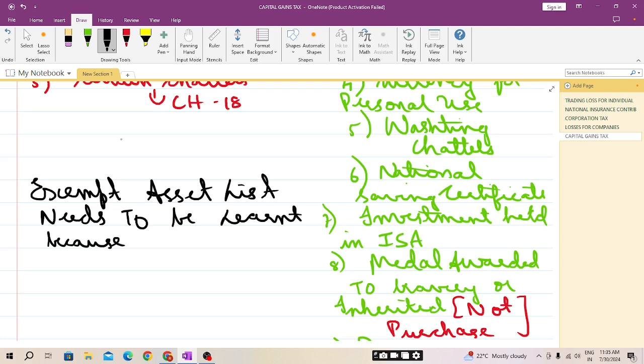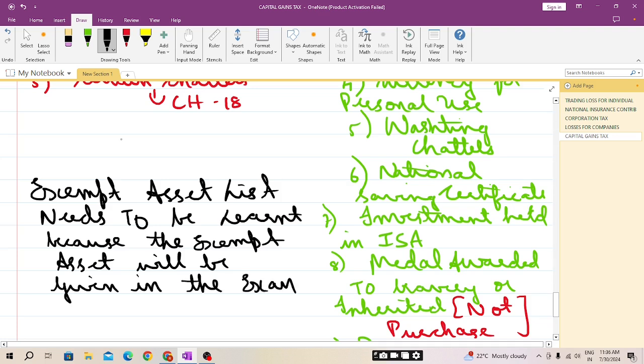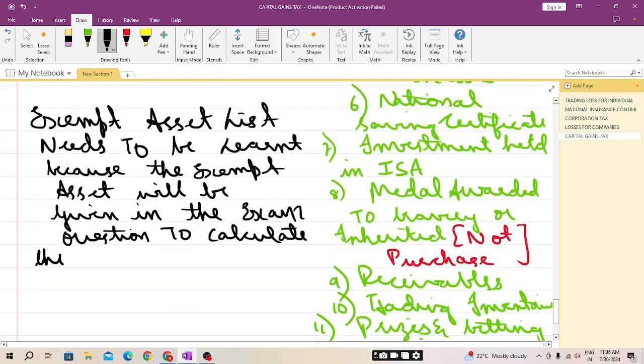The exempt assets will be given in the exam question to calculate the CGT.